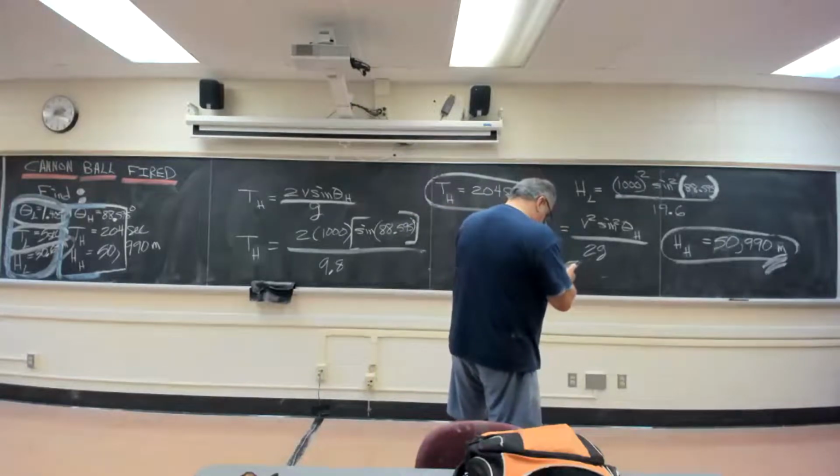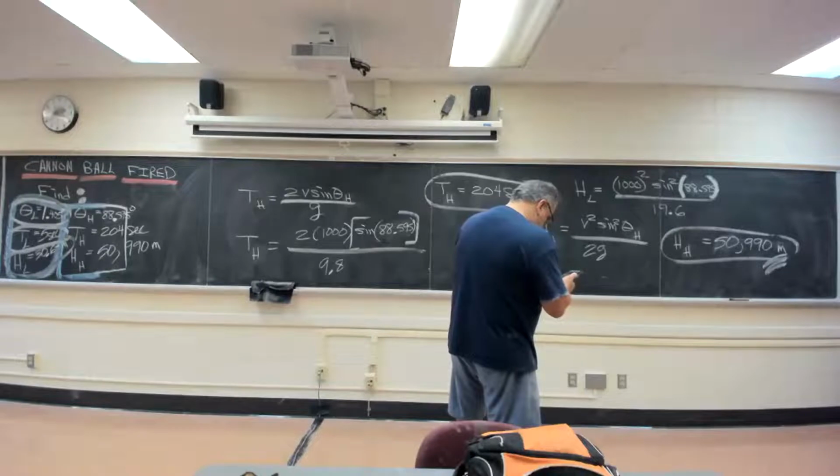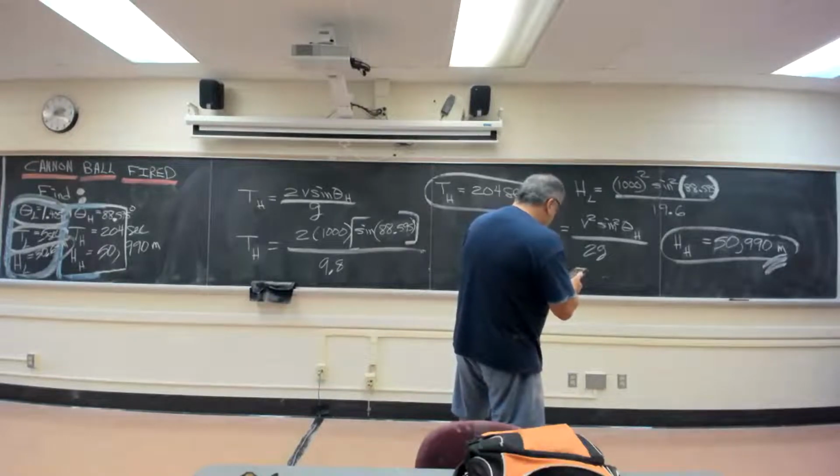Double check it. 88.595, get the sine. Then multiply it again by the sine of 88.595. Just be real rigorous about it. Multiply that by 1,000 squared. Divide it by 19.6.